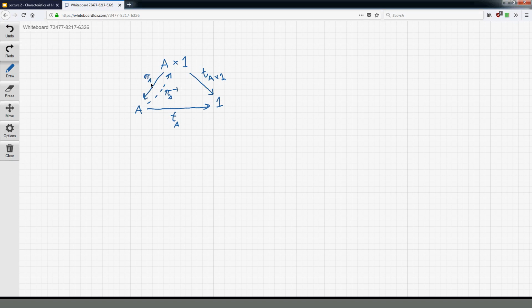So, based on our definition of the universal property of the product, we know that pi A after pi A inverse is equal to the identity on A. So we got that part for free, right?